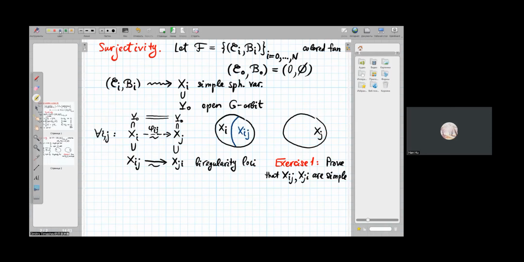Let me paint it in blue, to make it visible clearly. And similarly, we have Xji here.